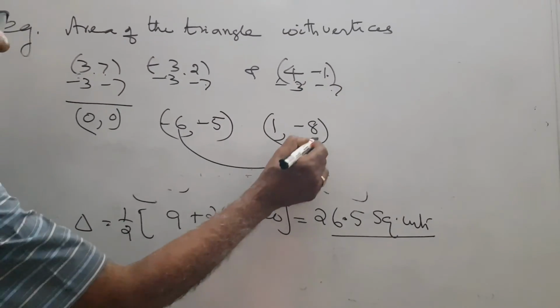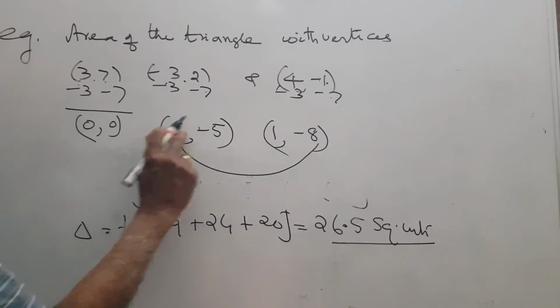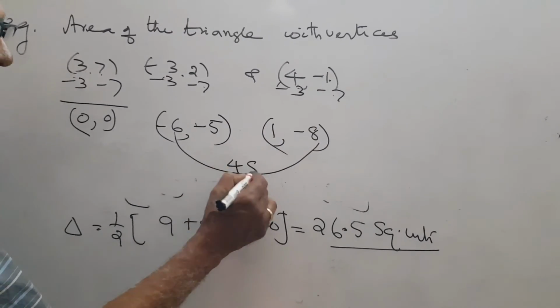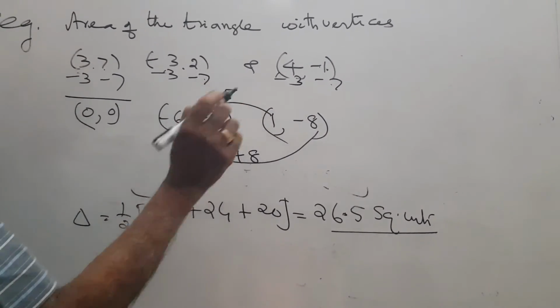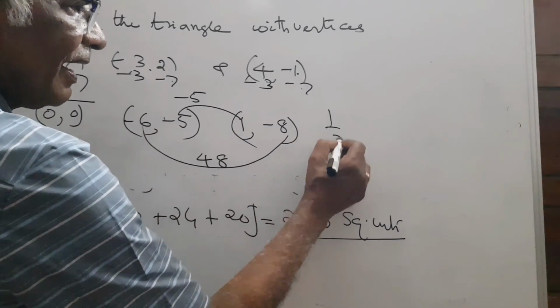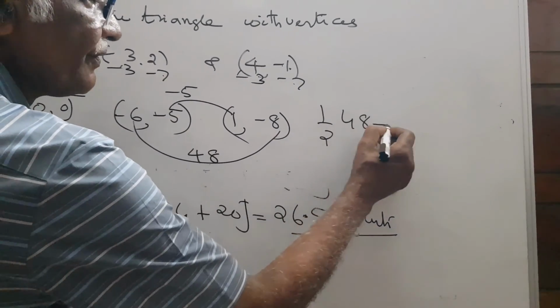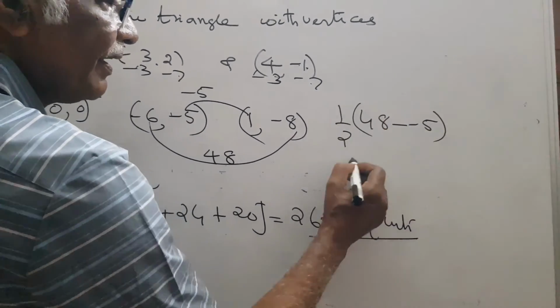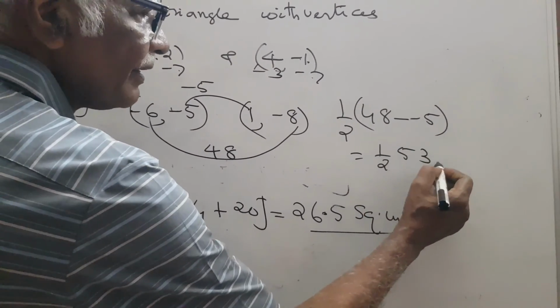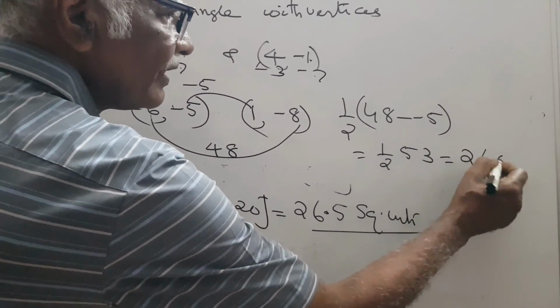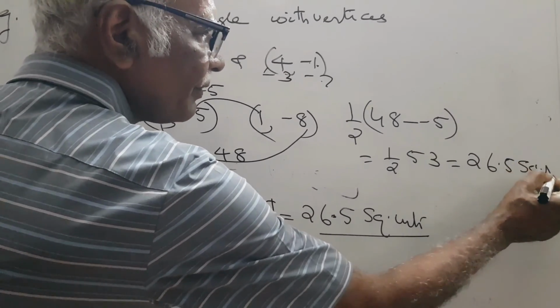You multiply the two: minus 6 into minus 8 is 48. You multiply the other two: 1 into minus 5. So the answer comes half of 48 minus minus 5, or half of 53. It is the same as 26.5 square units.